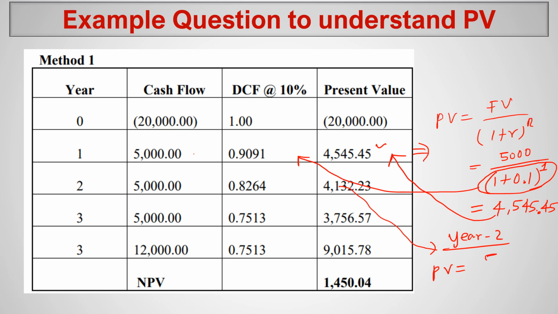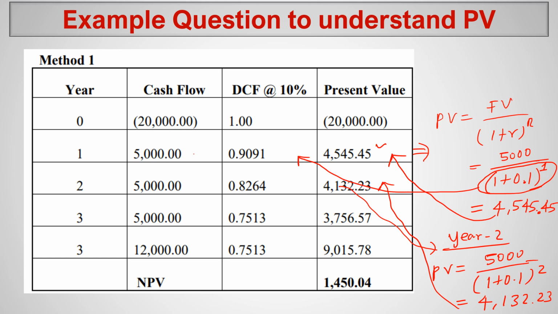How much is the future value? It is 5,000 divided by 1 plus r, where r is 0.1, to the power 2, because in the second year we're getting another 5,000. So that will become 4,132.23. This value is here. Likewise, we do this for every year and find the present value.